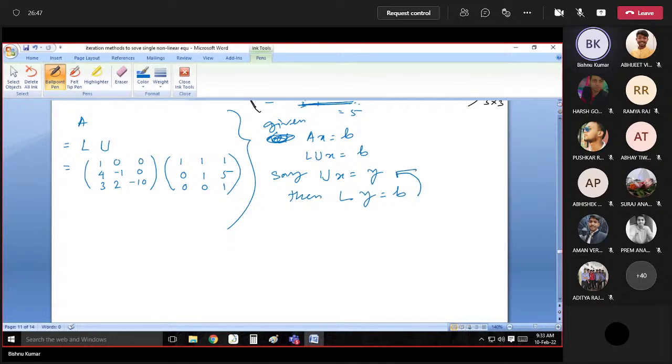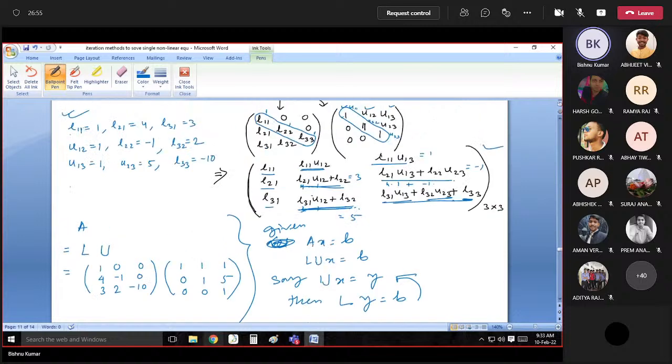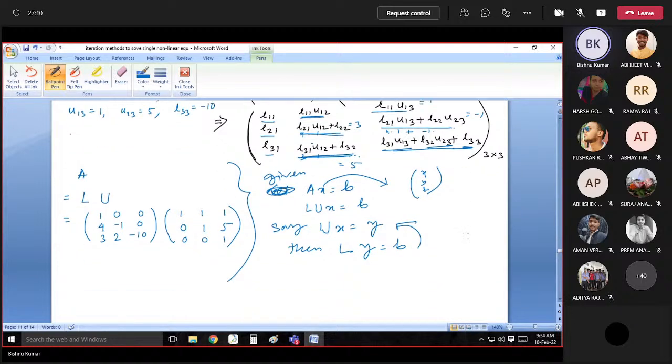So LY equals B. Y is also an unknown vector, on the basis of the given X. What is the dimension of X? X is a column vector. X, Y, Z is there actually. Sometimes X1, X2, X3 will be there. So in that way, Y you also have to consider with the same dimension: Y1, Y2, Y3.